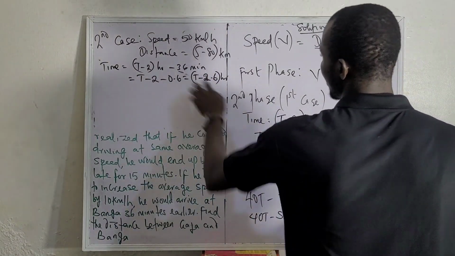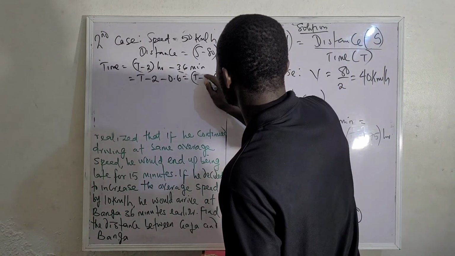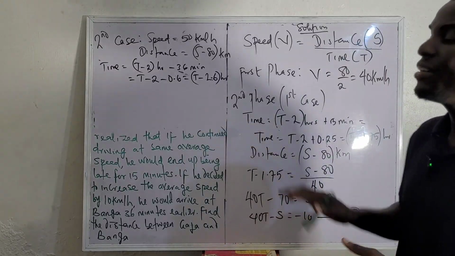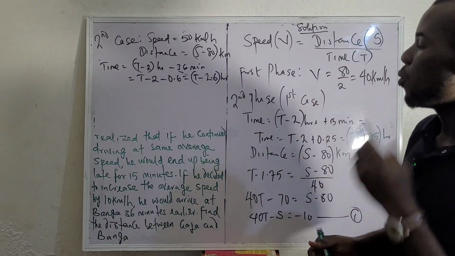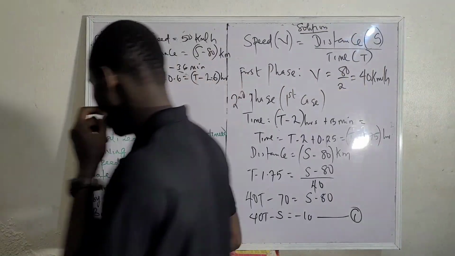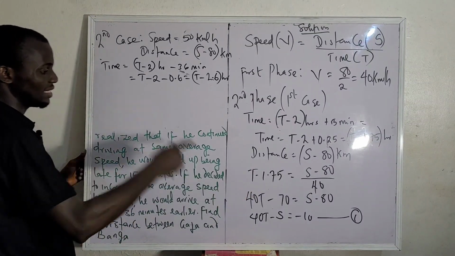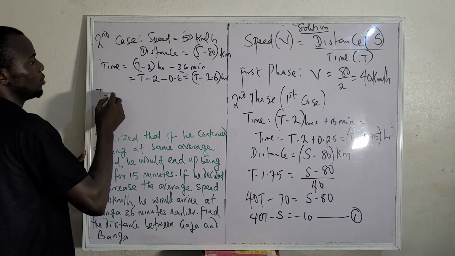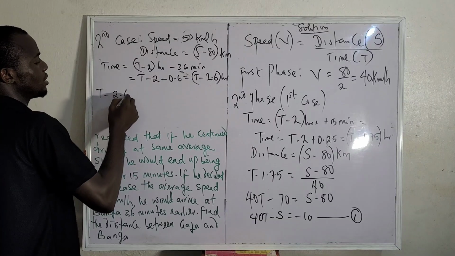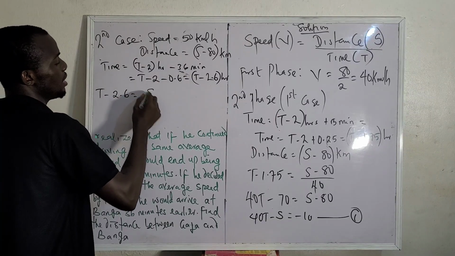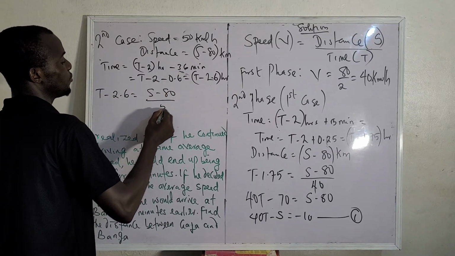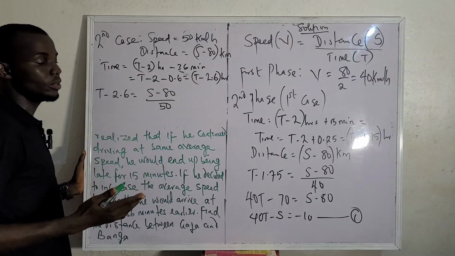2.6 hours is what you are getting. Write that very well. Okay, so if that is the case, we are set to get the second equation. From here, time is what matters to us. So t minus 2.6 equals s minus 80 over 50, multiplied through like we did before.